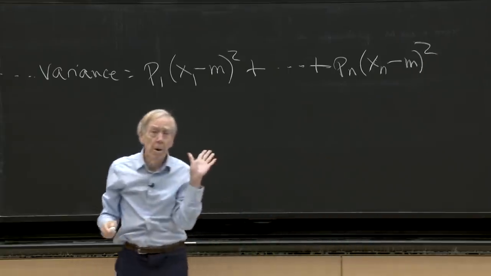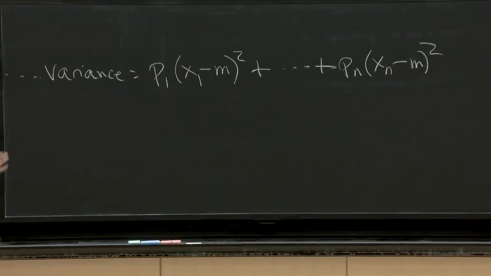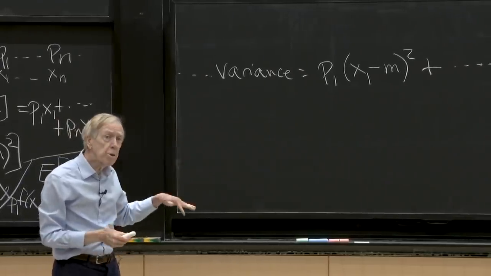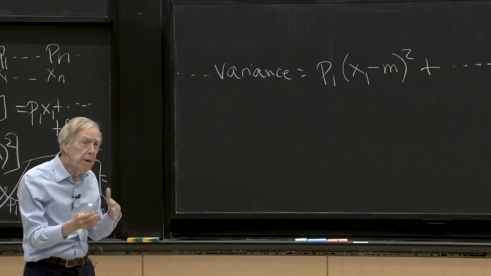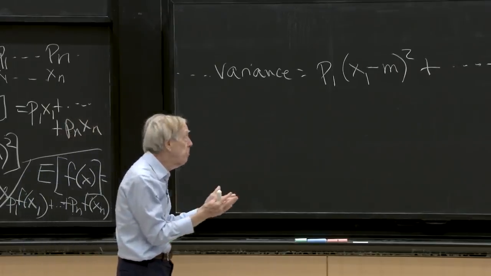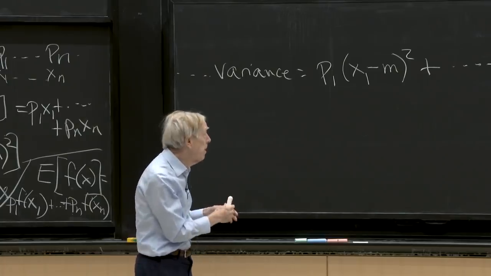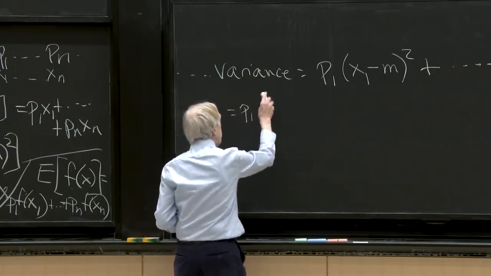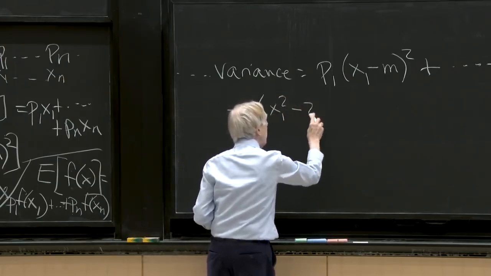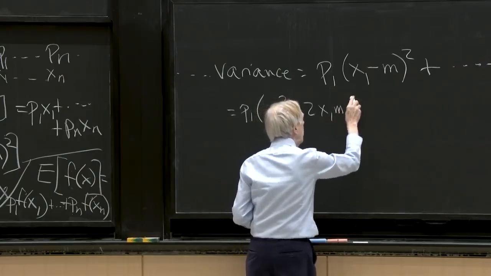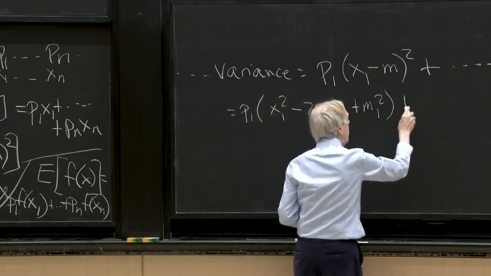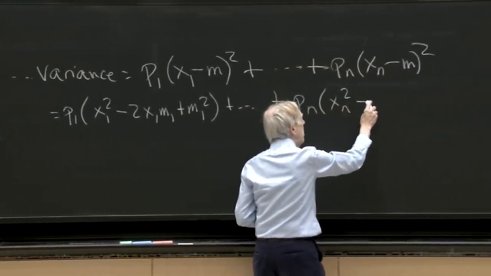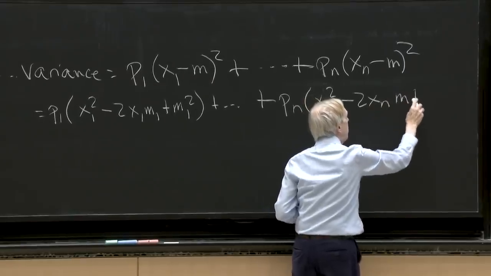And everybody should know a second expression, a second way to do that sum. If I just write out those squares and combine them a little differently, I get a second expression which is really useful, often a little faster to compute. So that's p1 times x1 squared minus 2 x1 M plus M squared, and then the same thing here, pn times xn squared minus 2 xn M plus M squared.